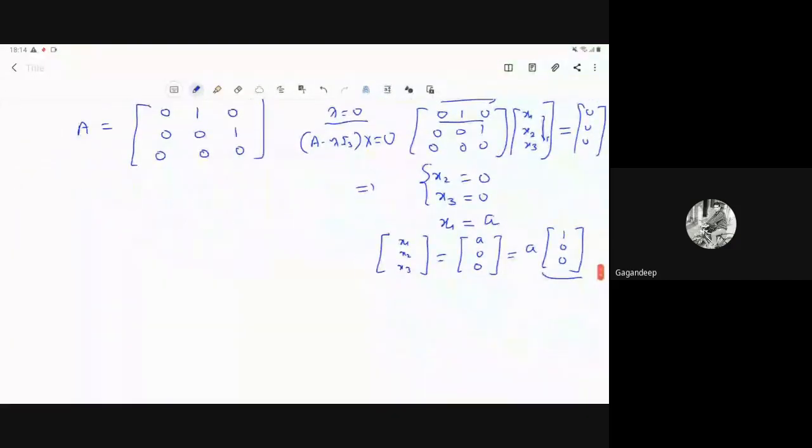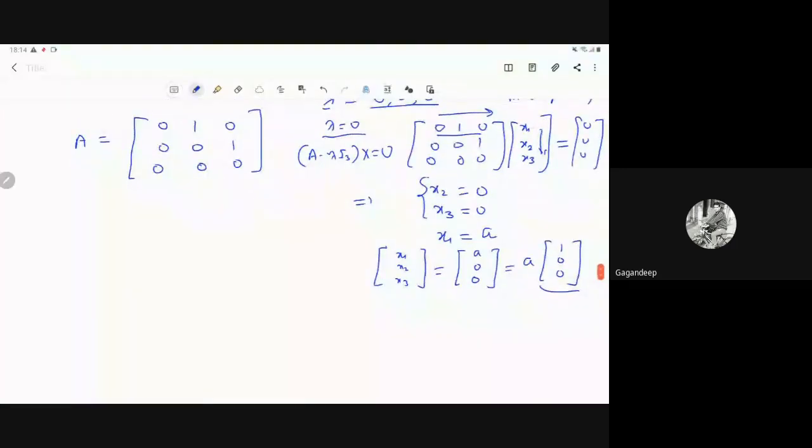Now consider this matrix. This will give you further information: 0, 1, 0, 0, 0, 0, 0, 0, 0. What are the eigenvalues? Again all 0. And for the eigenvectors, you need not calculate this time. You can think directly. This time x2 is fixed to 0. It means x1 and x3 will stay arbitrary.